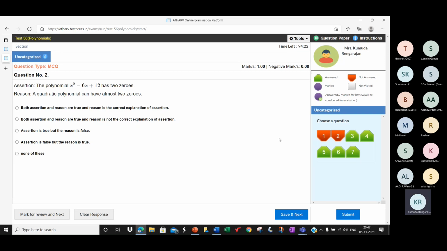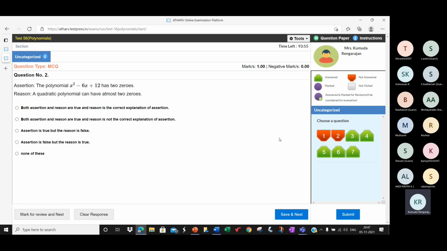First, does it have zeros? So we'll use b square minus 4ac, the discriminant. As Priya said, it is minus 12. It's negative.